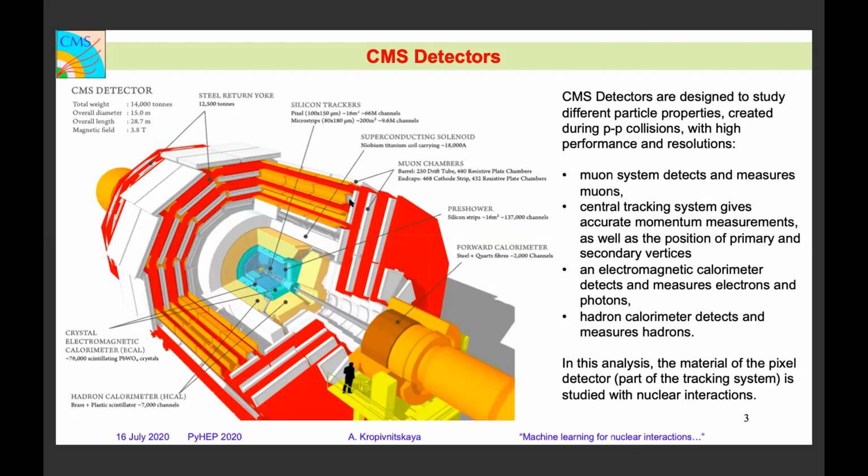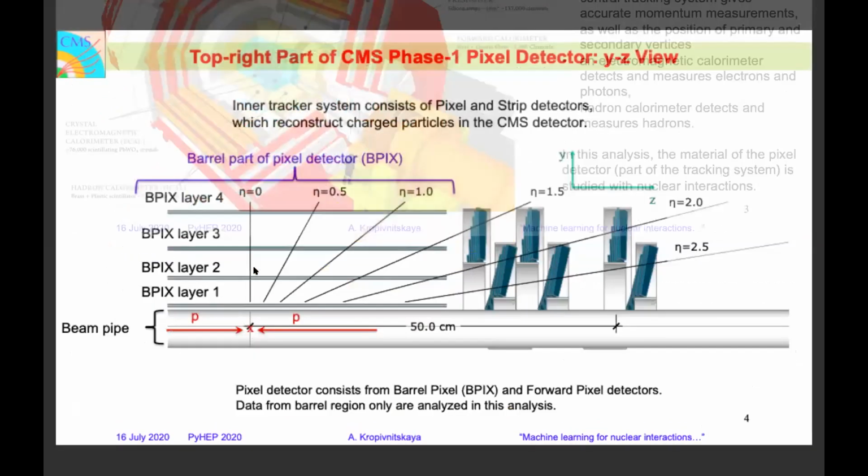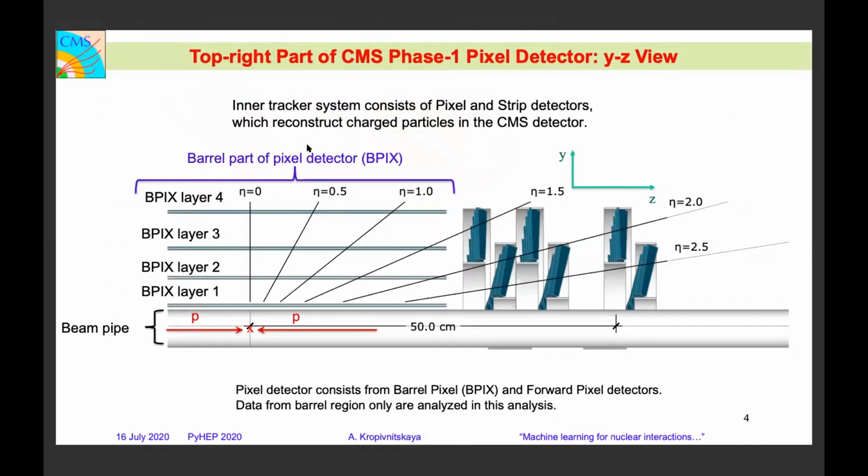In this analysis, the material of the pixel detector, which is a small part of the tracker system, is studied with nuclear interactions. So let's look at what our pixel detector looks like. It's a schematic view, and the pixel detector consists of two parts: the barrel part, which we call BPIX, and the rest is the forward part, which we call the forward pixel.